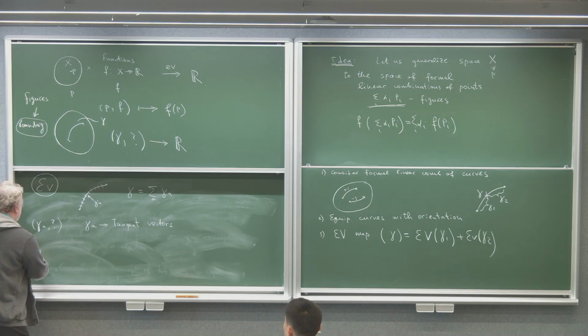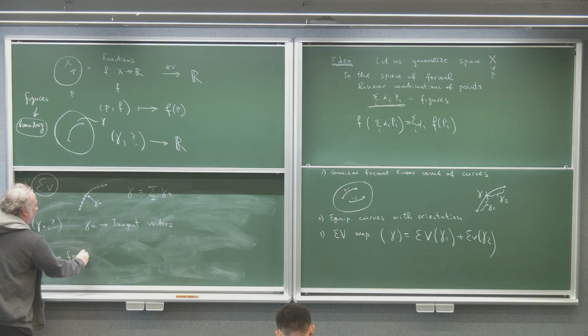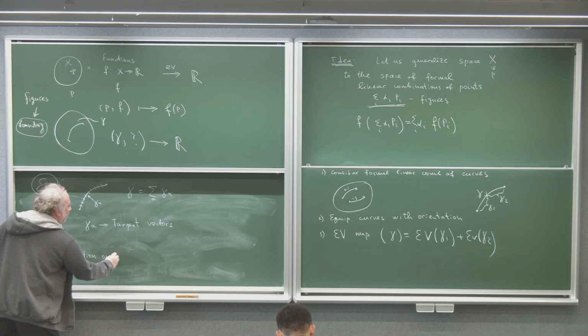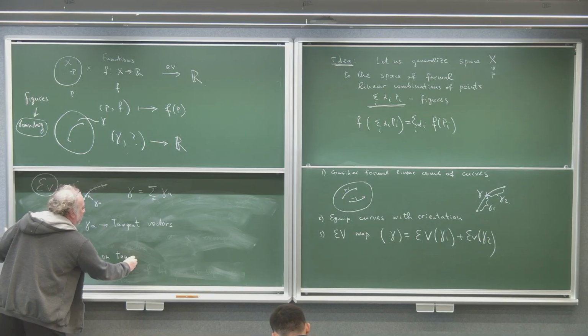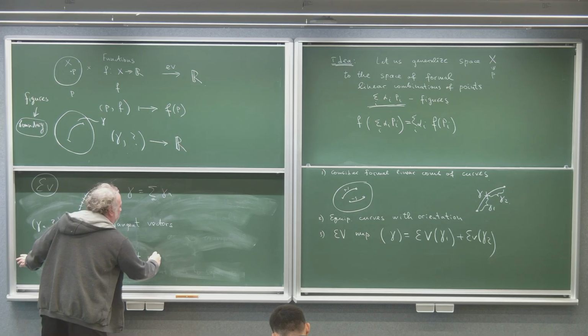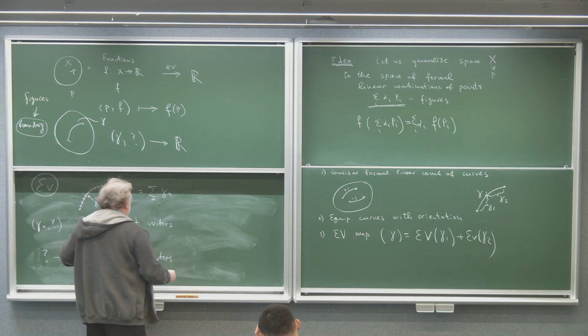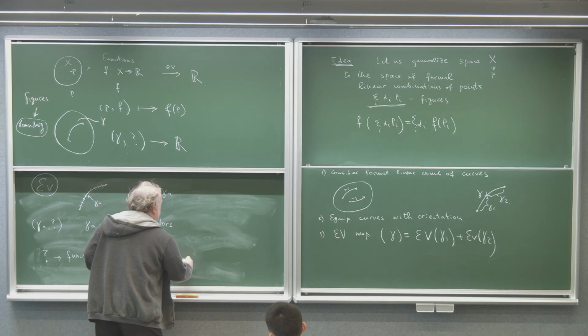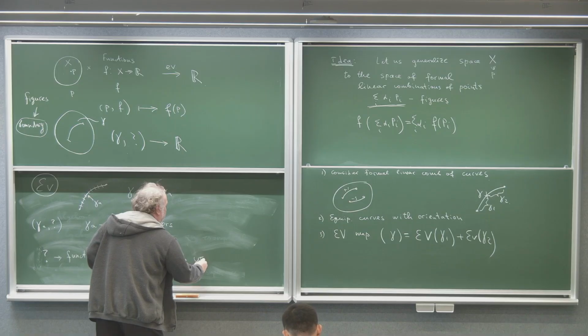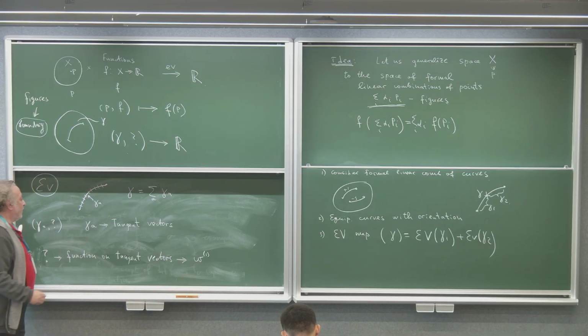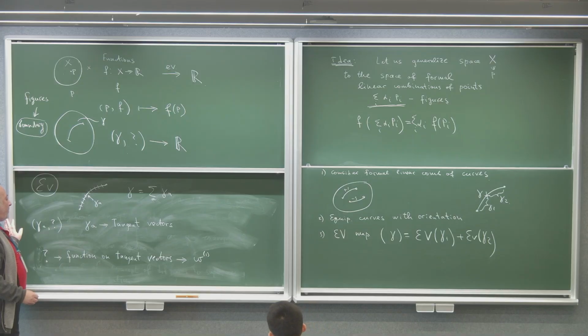So this thing is nothing but function of tangent vector. And if everything is smooth, we call this one form. One form. Function on tangent vector. And this is the concept of differential form.